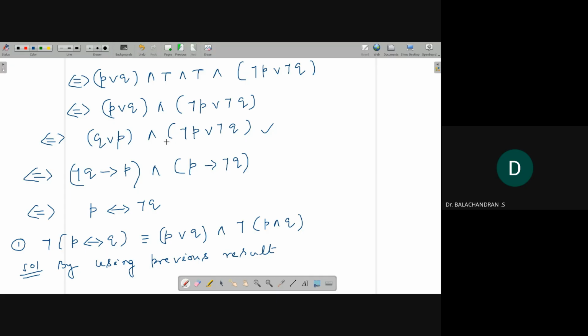So now I'm going to write directly that the negation of P biconditional Q is equal to this step.